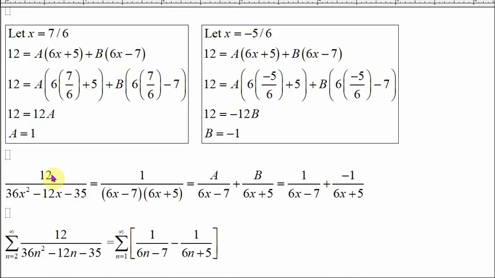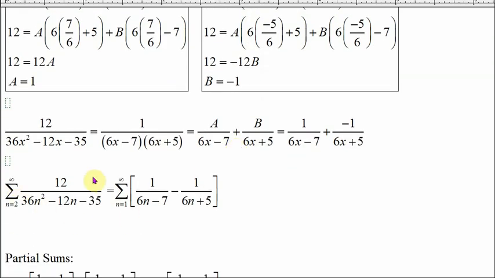So now we can rewrite the expression 12 over 36x squared minus 12x minus 35 as 1 over 6x minus 7, since a is 1, plus negative 1 over 6x plus 5, since b is negative 1.